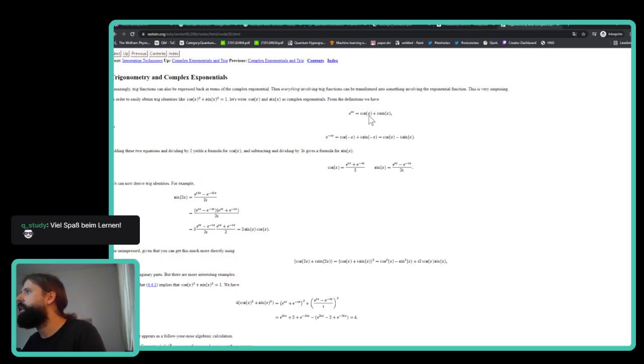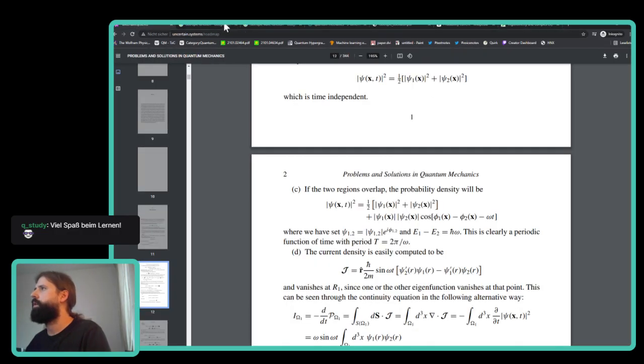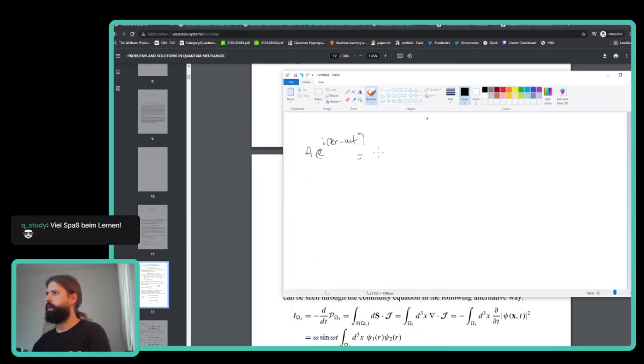It's cosine plus i sine, exactly. Cosine of x plus i sine of x. So it'll be cosine of (kr minus wt) plus i times sine of (kr minus wt). So that will be something like these, right?